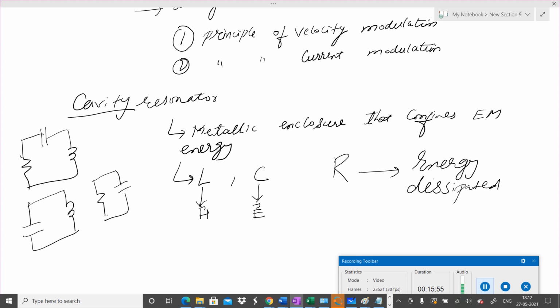It will be an empty cavity, but its dimensions and the way we incident the electromagnetic wave inside it, the dimensions are made according to the different modes of EM waves, as in waveguides. Let's take a very simple example, suppose a rectangular cavity resonator.